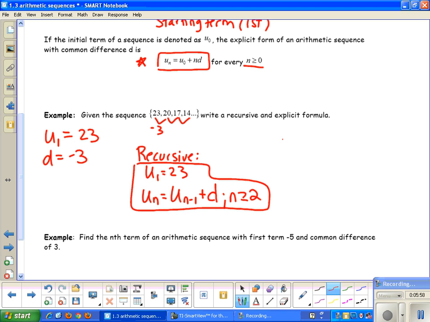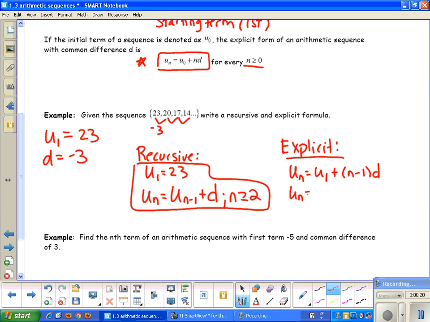And then my explicit formula, for this one, we just have to use the formula that we just wrote above. So I'm going to write it again here just to see it. So u sub n is equal to my first term plus n minus 1 times my common difference d. So in this case, my first term is 23.